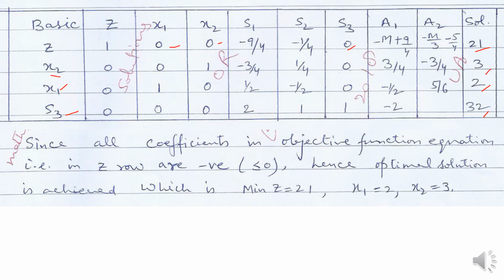Here we see that x1 is 0, x2 is 0 and s3 is 0. These three are already in the solution, x1, x2, s3. So if we make them enter again in the solution, there won't be any effect.